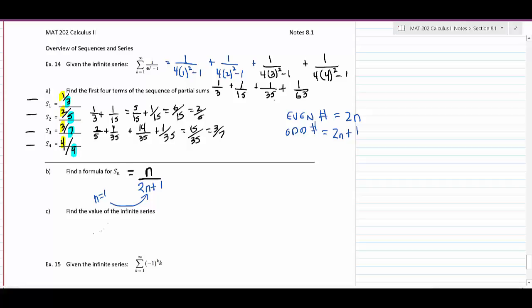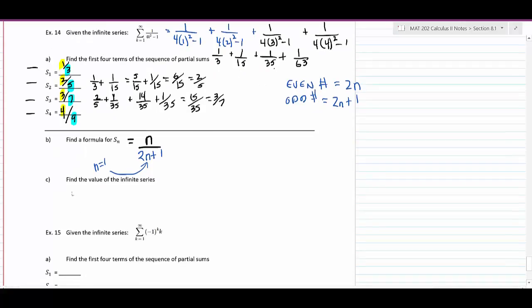Okay, all right, so what we're going to do now is the limit. We're going to take the limit of the sequence of partial sums as n goes to infinity. So that's the limit as n goes to infinity of n over 2n plus 1.